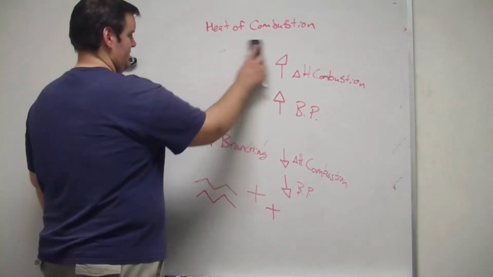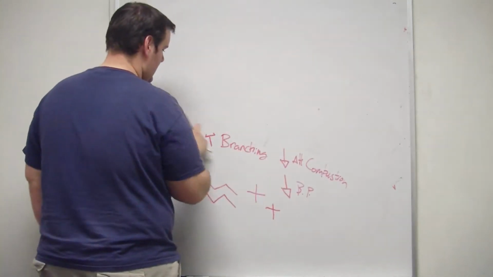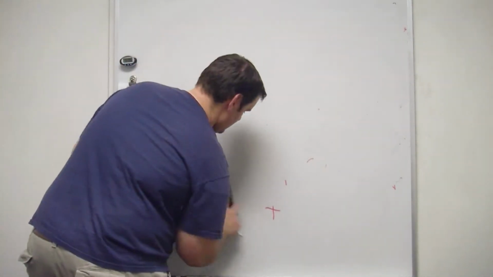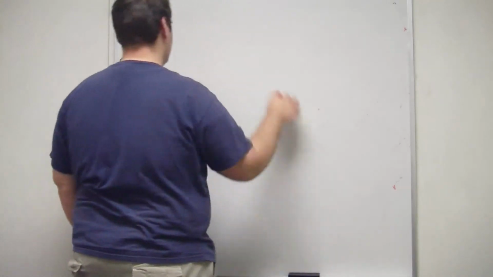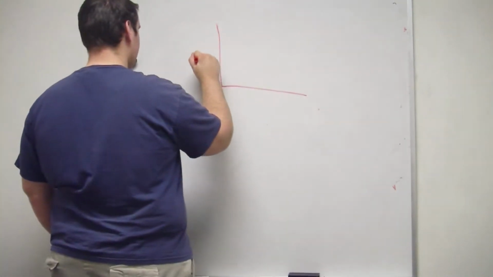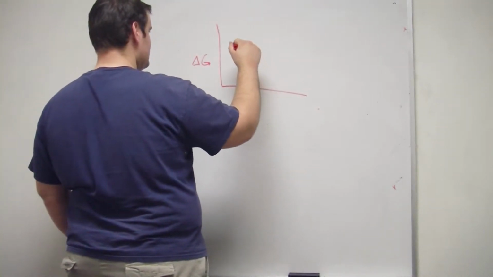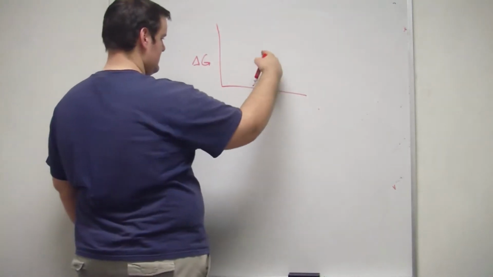And this is how the book explains it. If we think of our energy level here, our delta G, if something is exothermic, it's lower.